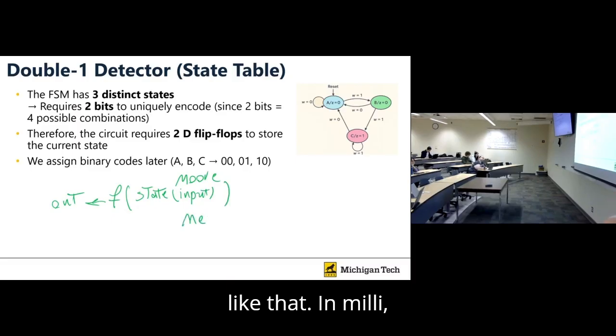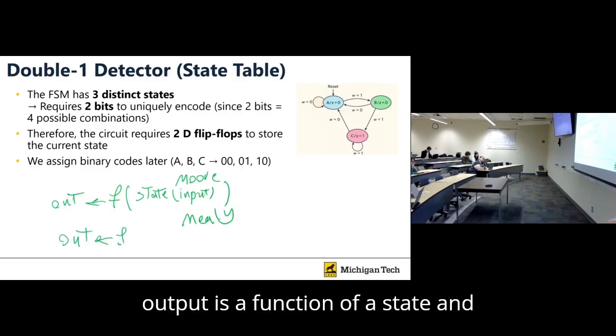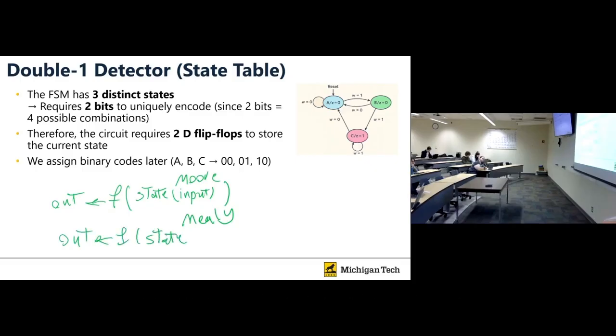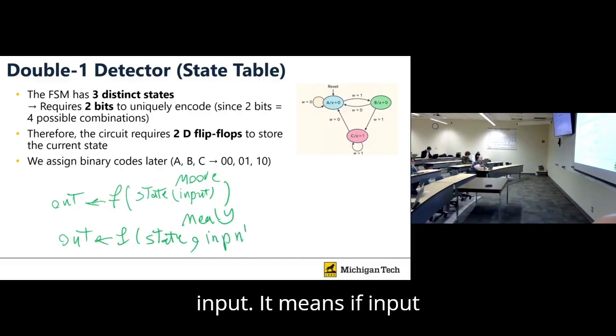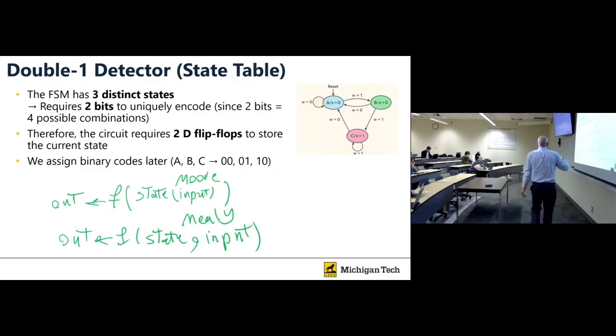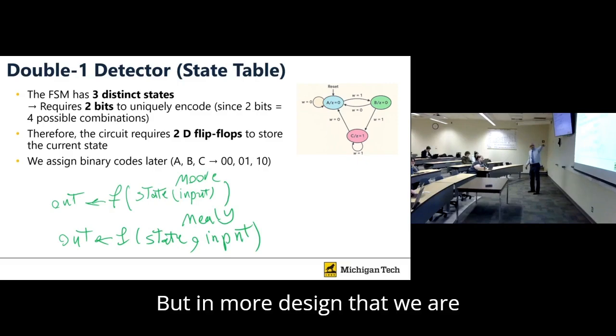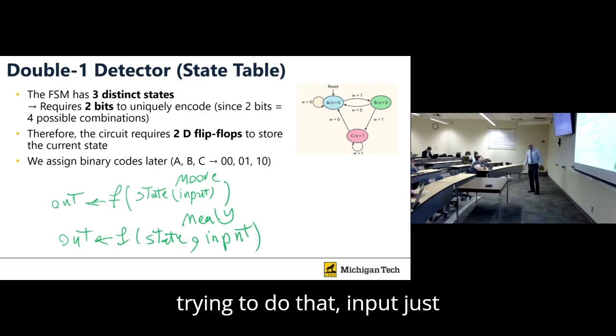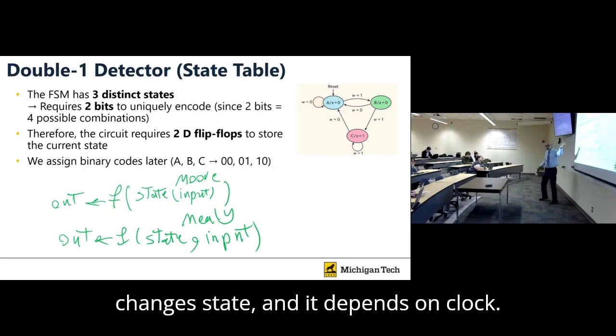In Mealy, the output is a function of state and input. It means if the input changes, the output changes right away. But in the Moore design that we are trying to do, input just changes the state, and it depends on the clock.